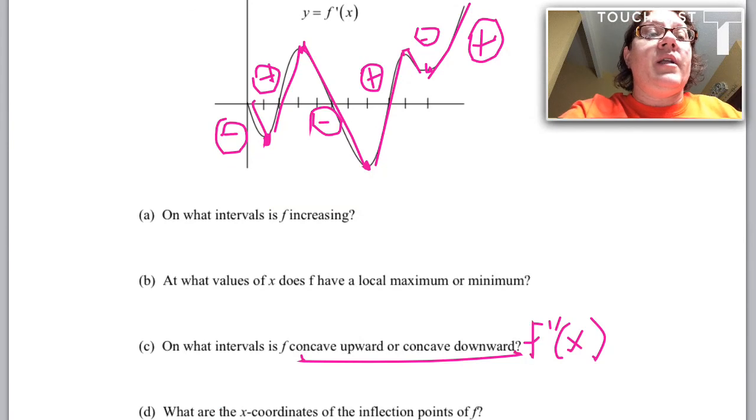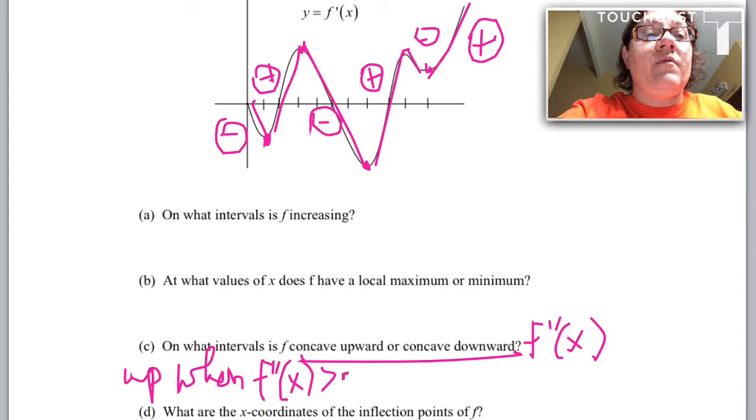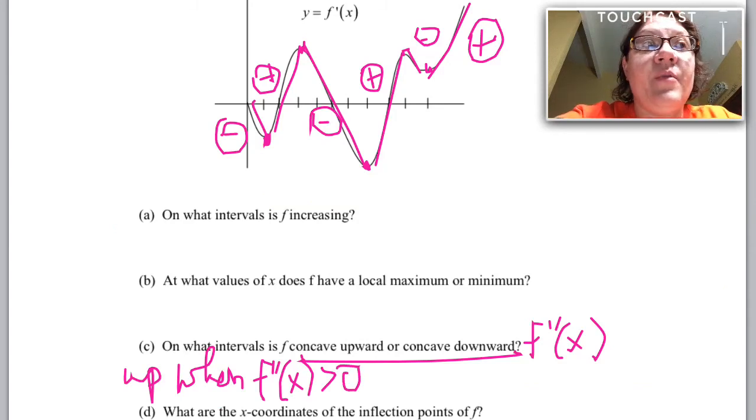So I would be concave up when f double prime, sorry, is positive. I'm going to restart this problem in the next video because I'm almost out of time.